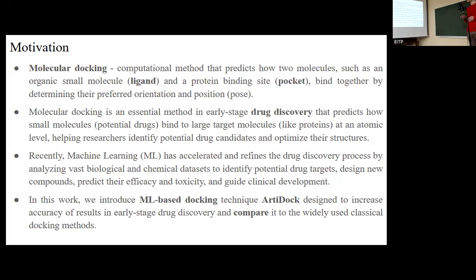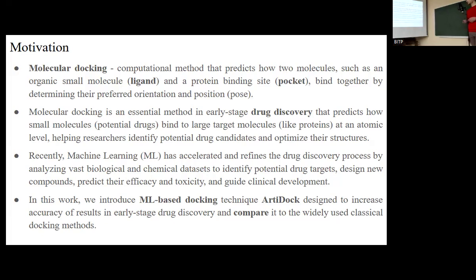Machine learning has recently accelerated the drug discovery process, analyzing vast biological and chemical datasets by training on those datasets to identify potential drug targets, design new drug compounds, and predict properties of those compounds.